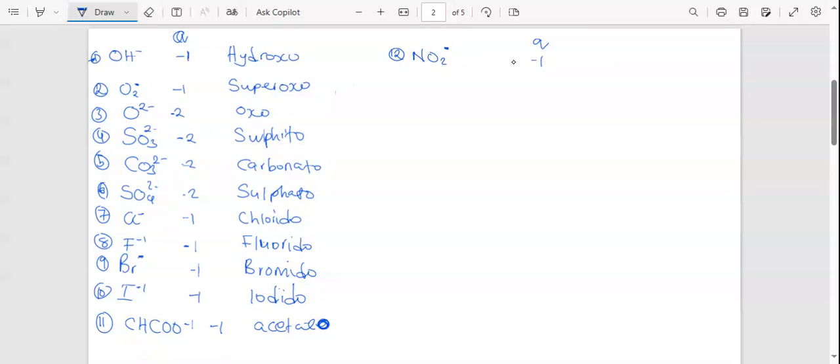So nitrite can be bonded through oxygen at this point, or it can bond through nitrogen. So they both have pairs of electrons. All right.